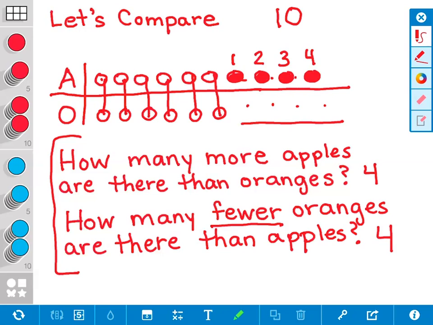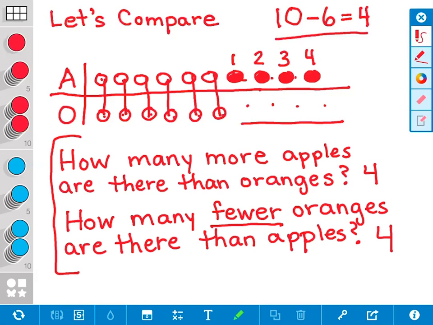Then I'm going to subtract or take away, minus, all of those words mean the same thing, the least. And that is the oranges. So that's 1, 2, 3, 4, 5, 6. So 10 minus 6. I could subtract in my head, I can subtract with my fingers, and I get 4. And as you see, it's the same as what we got when we did the chart. So 10 minus 6 equals 4.